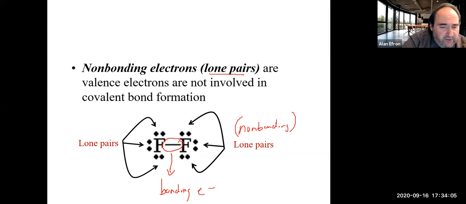We also show in our Lewis structures the dots, which are the non-bonding electrons, or the lone pairs, and those are electrons that are not involved in bonding. And again, that's very different than an ionic bond, where we take a metal, which is on one side of the periodic table, and a non-metal, which is on the other side. In an ionic bond, metals have all the properties that make them want to get rid of their electrons, while the nonmetals have all the properties to gain electrons.